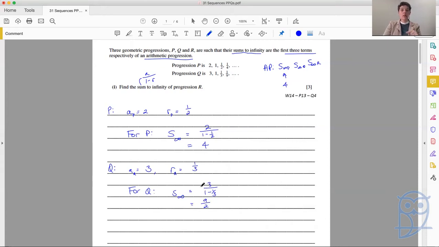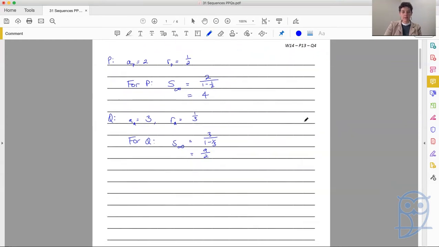This means now that we've got the first two terms of our AP. So therefore, our AP equals 4, 9 over 2, sum to infinity of R.